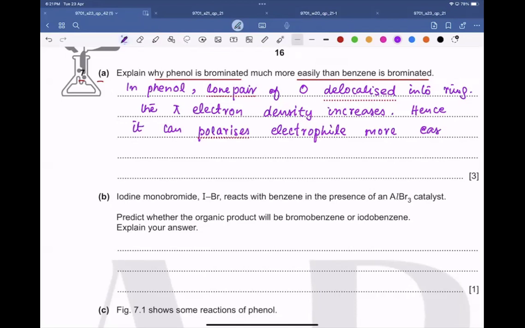So substitution occurs at the 2, 4, and 6 positions. So it will substitute the next group on carbon 2, 4, and 6.